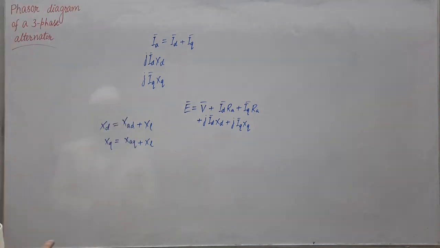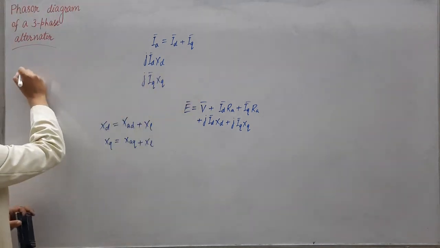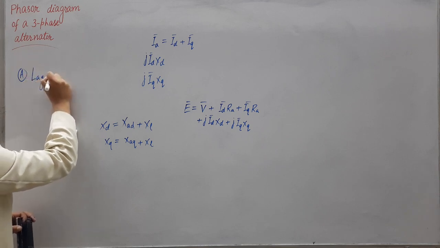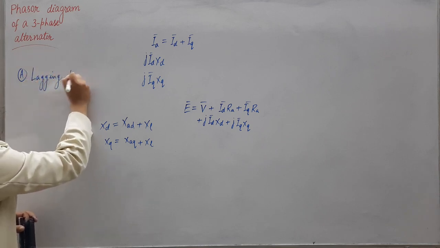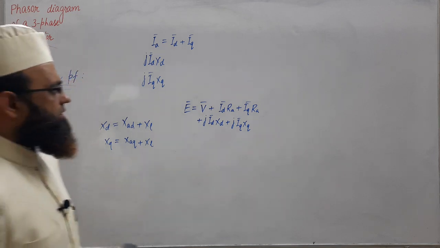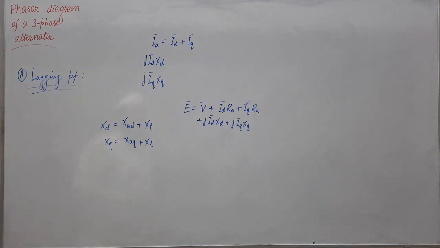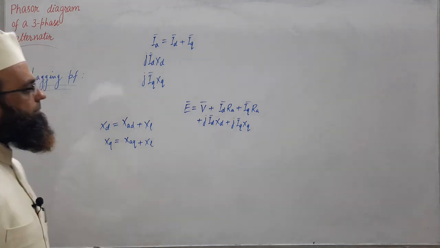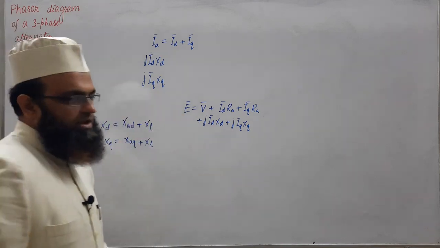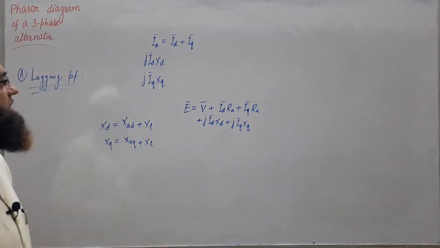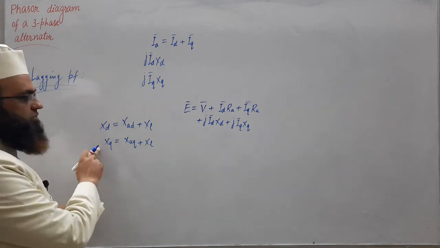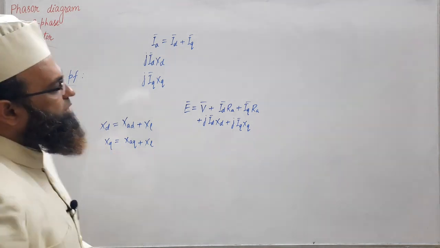Let us take the lagging power factor first. Obviously for salient pole, then we will draw for cylindrical. For salient pole we have the equation in front of us, because for non-salient pole, that is cylindrical, these two are equal. Together we may write XD equal to XQ equal to XS.